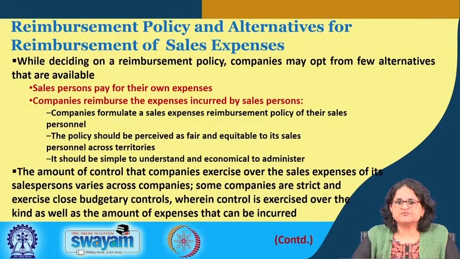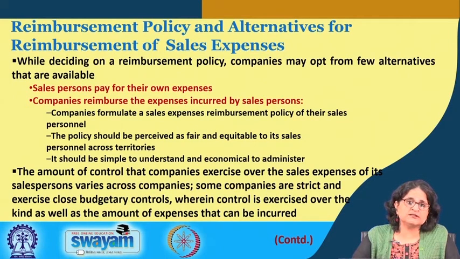Of course, as I said, differences have to be taken into account while deciding on the allowable expenses for the sales personnel across territories. So the amount of control that companies exercise over sales expenses of its salespersons will vary across companies. Some companies are very, very strict and exercise close budgetary controls, wherein control is exercised over the kind as well as the amount of expenses that can be incurred.